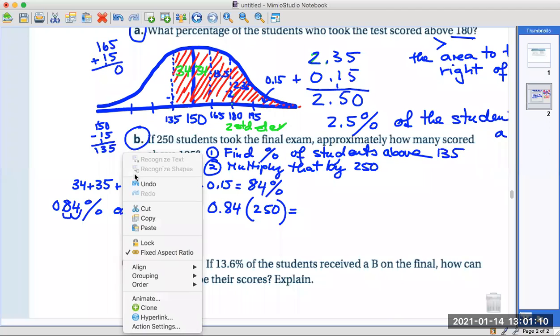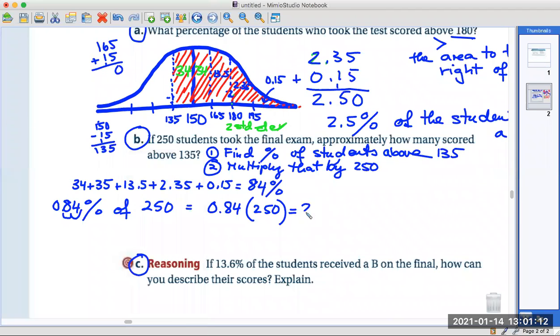Now we have the number of students. So that's the difference. 210 students. Of the 250 students who took the final exam, 210 scored above 135.